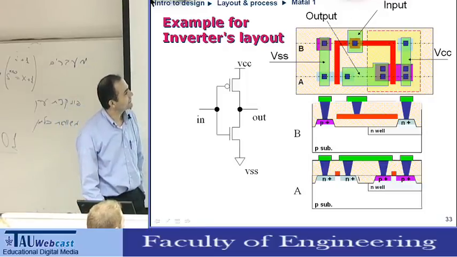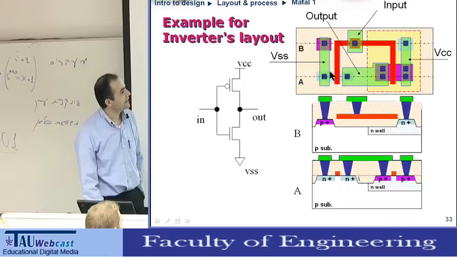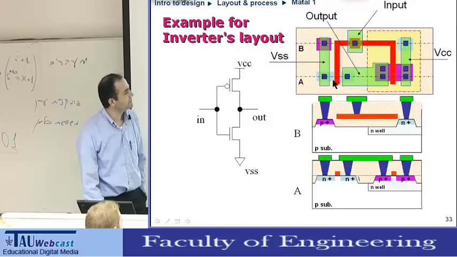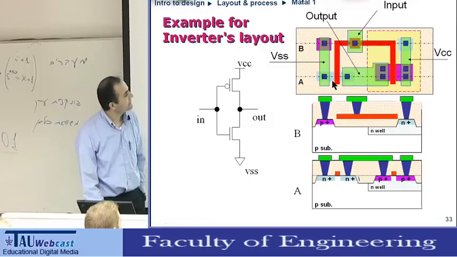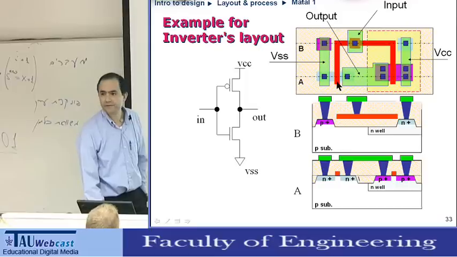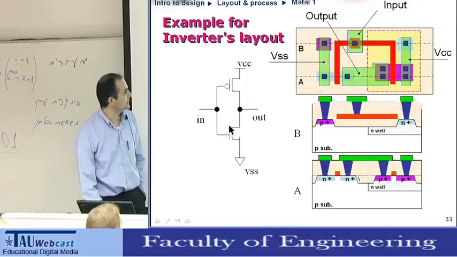Here, this is the P-well, this light blue area. In the P-well area, this would be an N-channel transistor. So this is the gate of the N-channel transistor, this gate here.